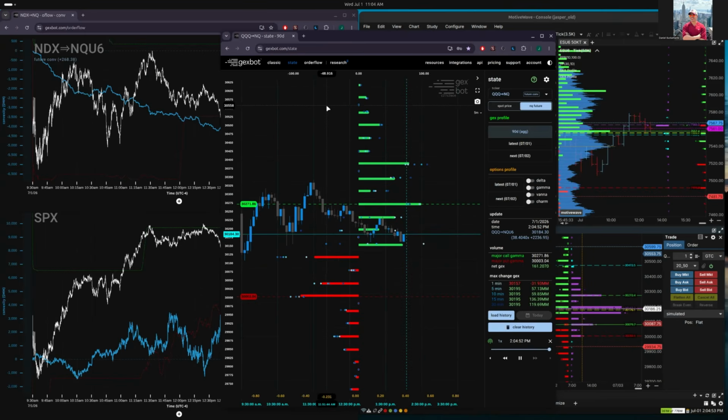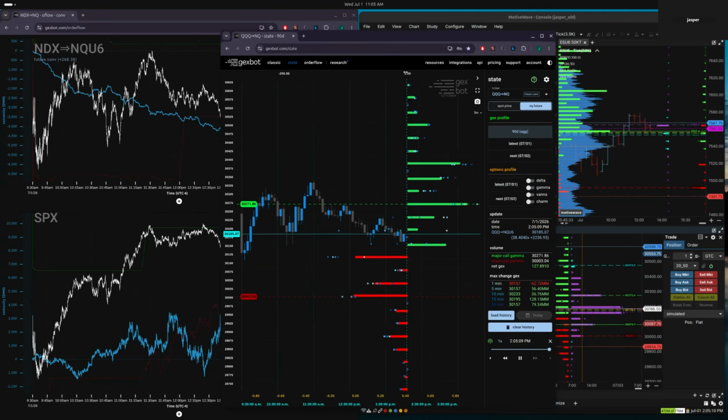How can I understand whether the price will have a reversion close to the put wall?